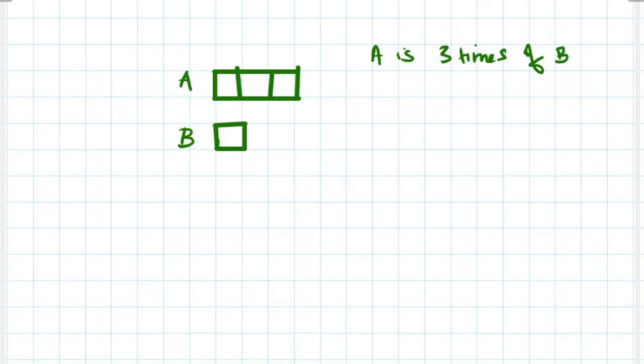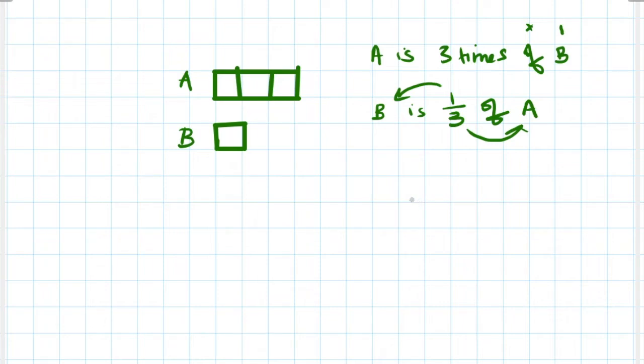B is 1, then A is times 3. A is 3 times of B. Or you can say B is 1/3 of A. Correct? So you get yourself very familiarized.